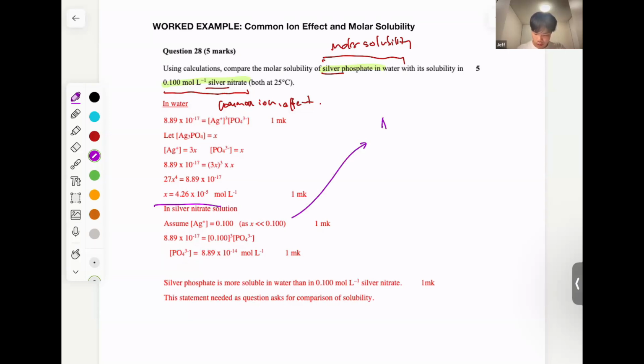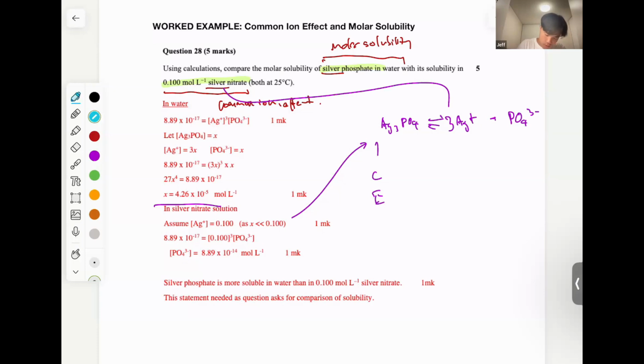So silver phosphate, Ag3PO4, would dissociate into Ag+, 3 of those, and PO4, ICE. So assuming that you have 0.1 mole per liter of silver nitrate to begin with, this means that the number you insert here is 0.100 mole per liter.